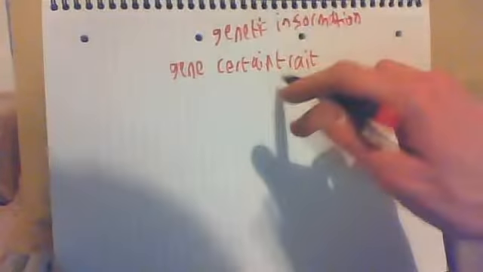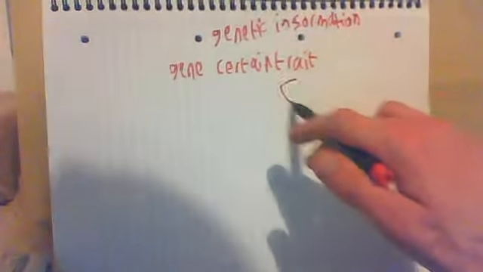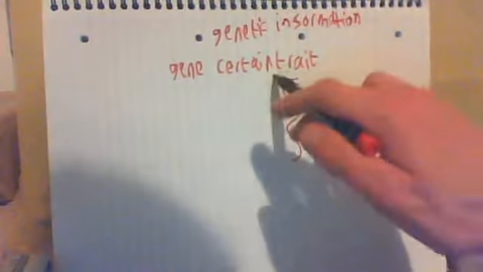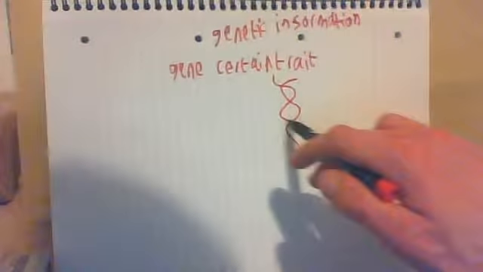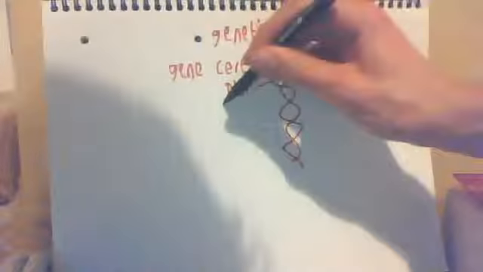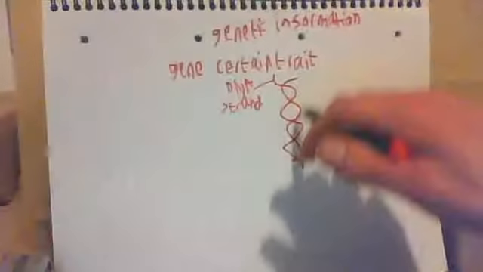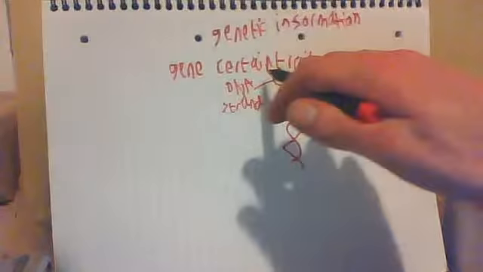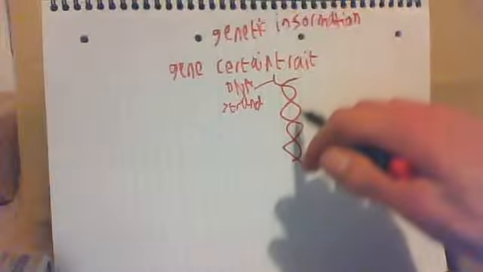So what are genes? Well, you have strands like this that are known as DNA strands. Each one of these strands is known as a DNA strand. I'll tell you what DNA stands for anyway. It's deoxyribonucleic acid. So you have two DNA strands, and together these form something known as a double helix, because basically they cross over and they're two strands together.